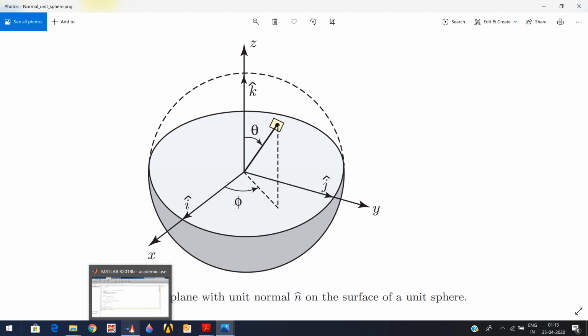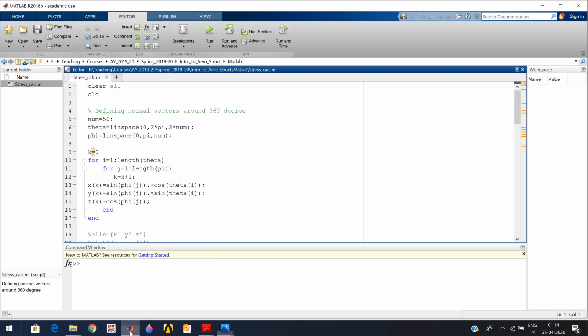Okay, so that means we are trying to take all possible planes by rotating it along the 360 degree direction, and we'll see what magnitude of normal stress and shear stress we get.